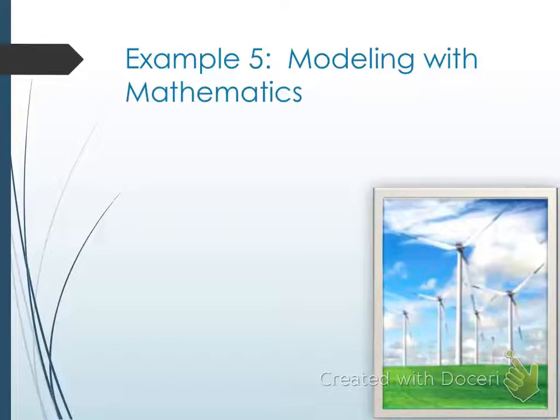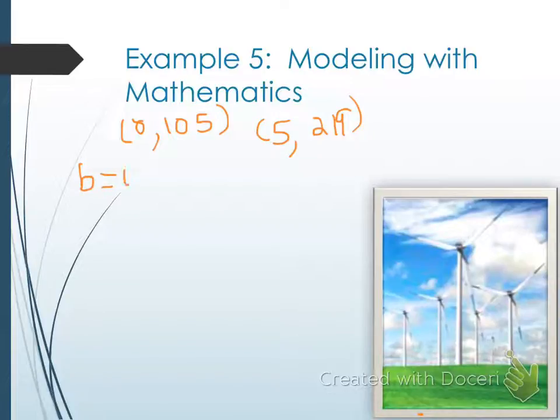And then 2012 is 5 years later. So we're going to have these 2 points. x1, y1 is going to be 0, 105. And my other point is going to be 5, 219. So the initial value, or our y-intercept, is going to be our 105.